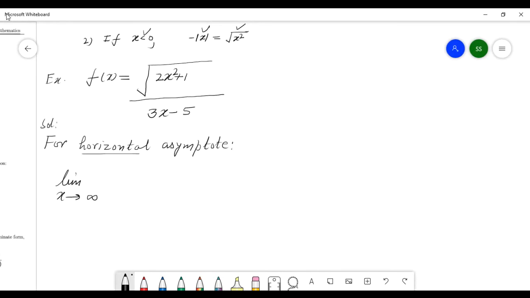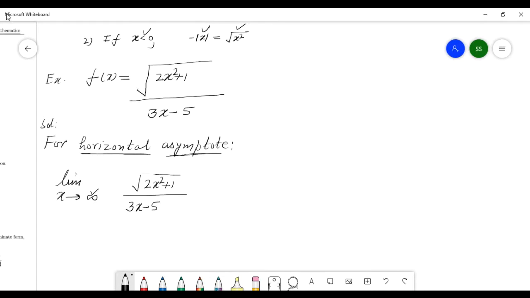Whenever you see horizontal asymptote, you take the limit as x goes to positive infinity and as x goes to negative infinity. Whatever answer you get, that is the horizontal asymptote line. The function is the square root of x square plus 1 divided by 3x minus 5.